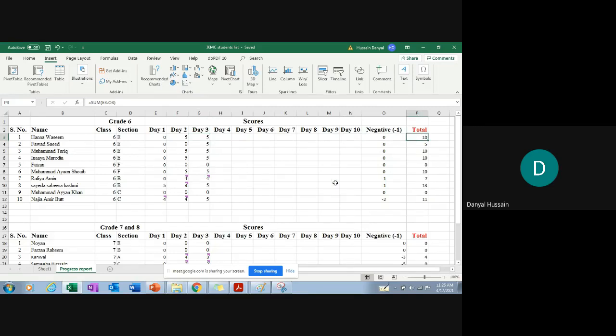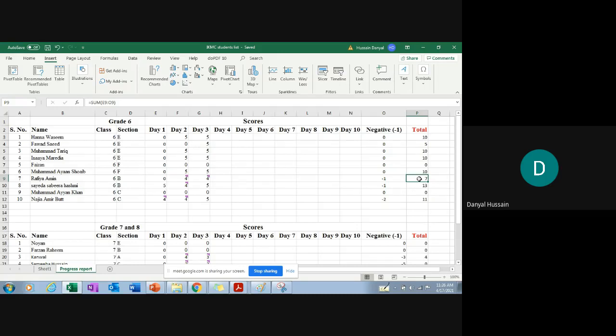Now one of the students here participated in both days, and she gave four correct options on both days, but one option on one day was incorrect, so I gave her one negative mark. She left one question on the other day, so I didn't give her any negative mark. So only one negative mark, and she got 7 marks out of 10.